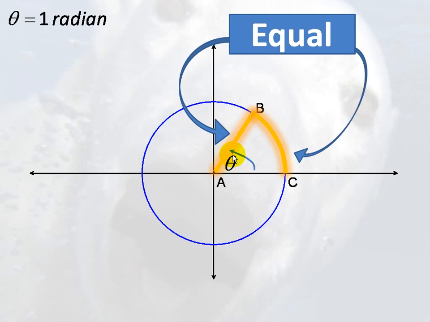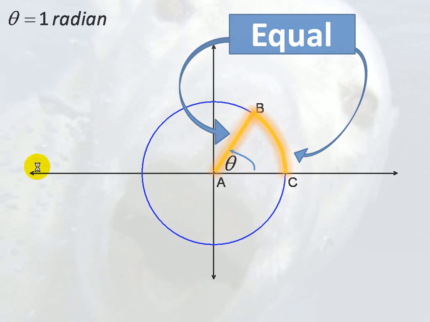A radian is the measure of the central angle that subtends an arc that is the same length as the radius. So this is 1 radian. It's the central angle that subtends the arc that's the same length as the radius.